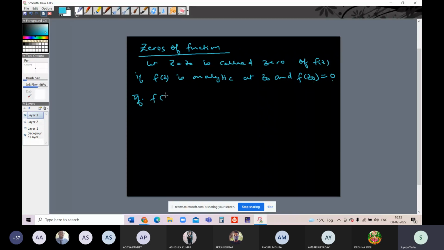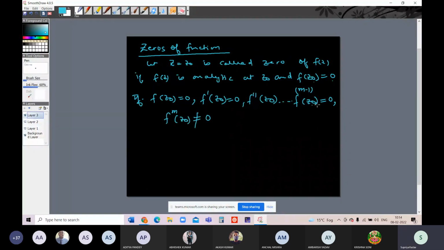It may be possible that the derivative of the function at the same point is also 0. So we can say that the derivative of the function is 0 up to the (m minus 1)th derivative at this point z0, but its mth derivative at this point is non-zero.